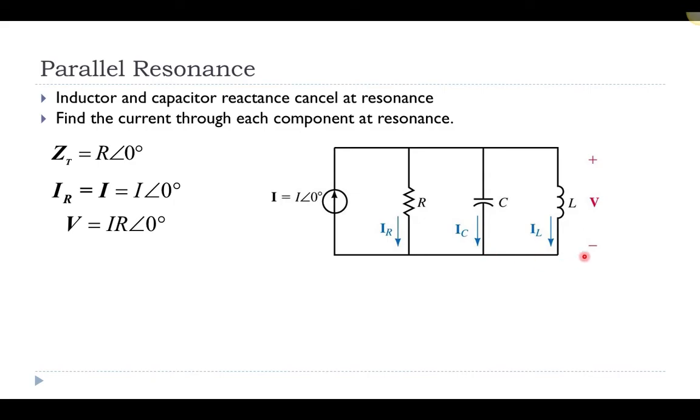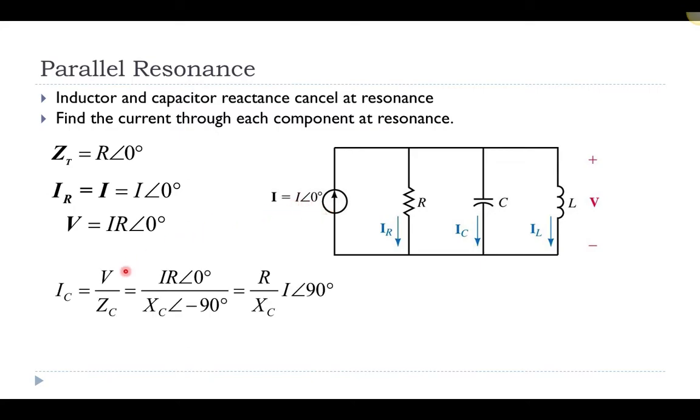Because these components are in parallel, I can figure out what the voltage is across any one of those components, because I know the current going through the resistor is just the current of the source. So in my particular picture, this would be just the current times the resistance with a phase angle of 0, because my current had a phase angle of 0.